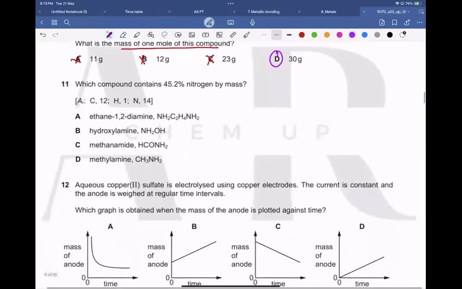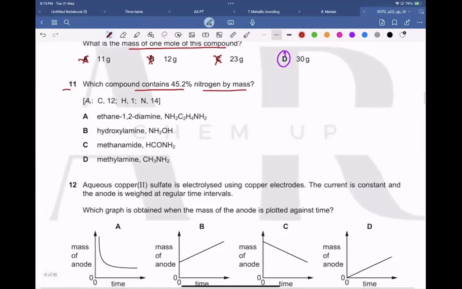Now, question number 11. Which compound contains 45.2% of nitrogen by mass? So you have to calculate the percentage of nitrogen in all of them. If you look at the first one, there are 2 nitrogens, which means 28. So 28 divided by the Mr of the whole compound.